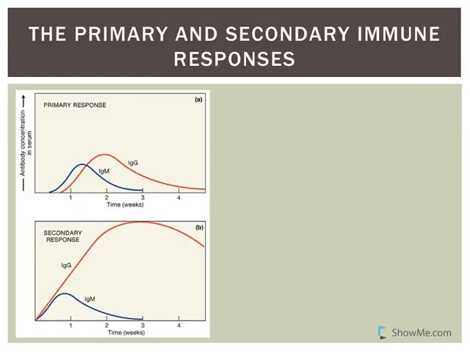Now, this last thing I want to talk about is your first encounter with an antigen versus the second encounter. So let's talk about primary and secondary immune responses. When you first encounter a pathogen, in the primary response you initially see an increase of IgM type antibodies.